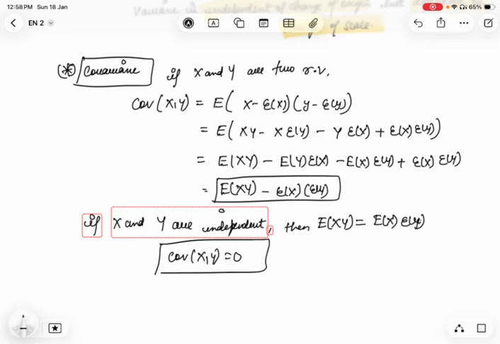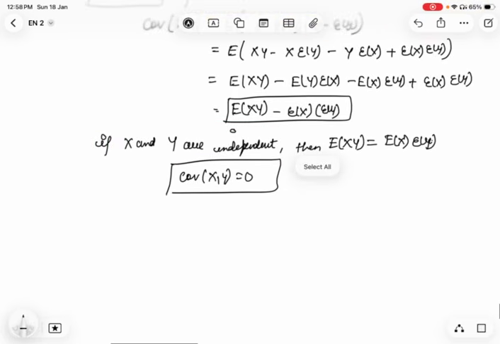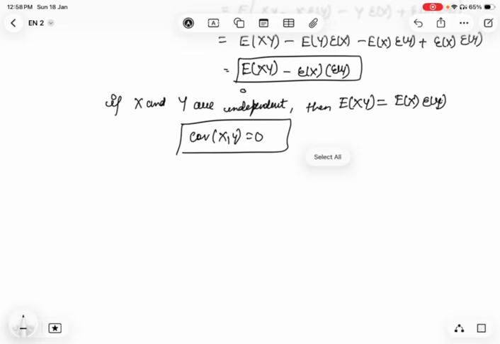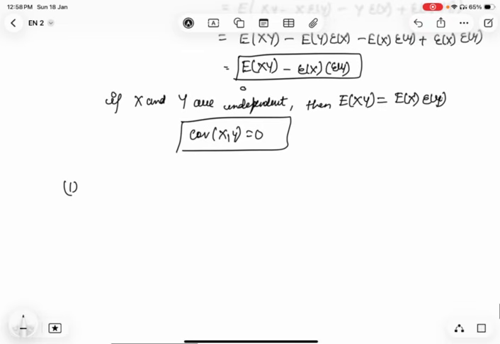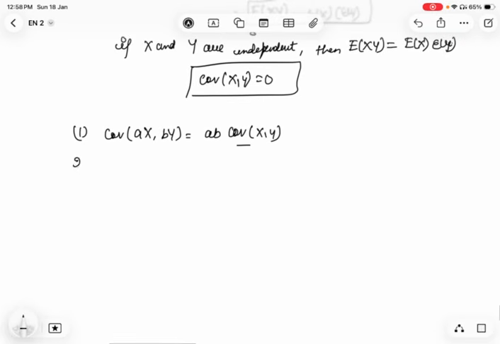When x and y are independent, the covariance between x and y is 0. One important property is covariance of ax and by. If constants are associated with the random variables x and y, it will equal ab times covariance of xy. Take out the a and b, multiply, and then calculate the covariance of xy. You will get the required answer.